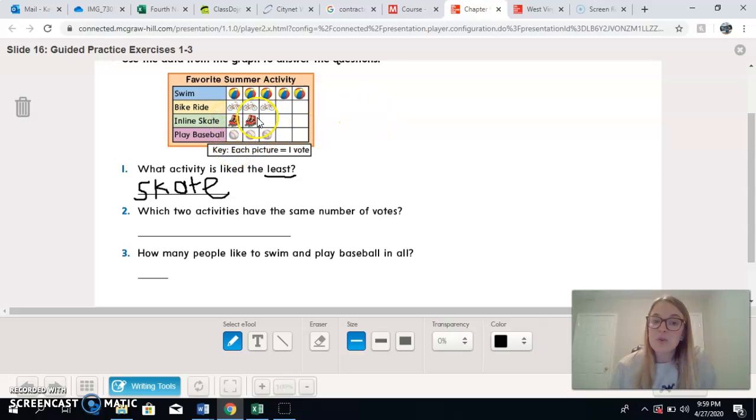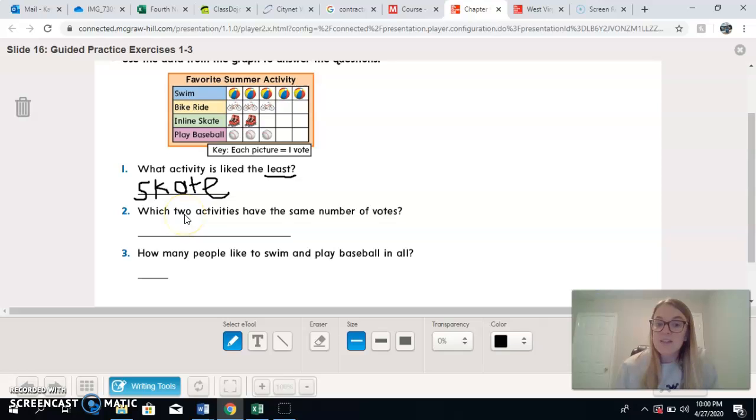If I go to the very last one of the bike, I can see that baseball is right underneath of it. And then I can count them. For the bike ride, 1, 2, 3. Play baseball, 1, 2, 3. Those pictures both end in the same box, and I counted them to double check my work.